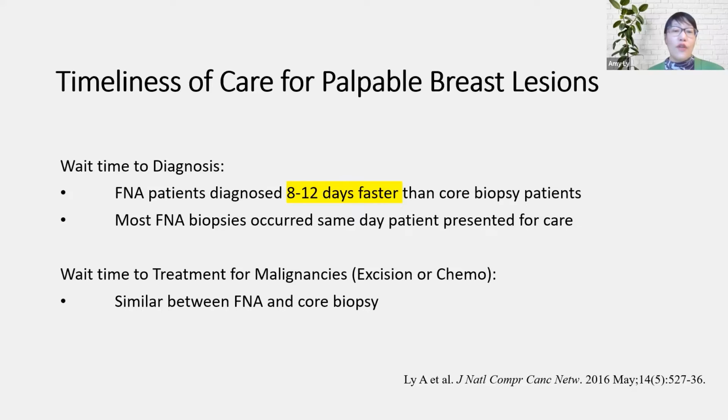A lot of FNA biopsies in this study occurred the same day that the patient presented for care. In addition, the wait time to treatment for breast cancers, both excision or neoadjuvant chemo, were similar for both groups, whether you had an FNA or core biopsy. So going the FNA route does not delay treatment.